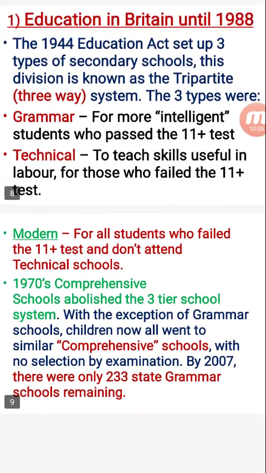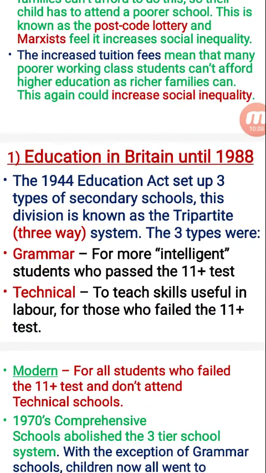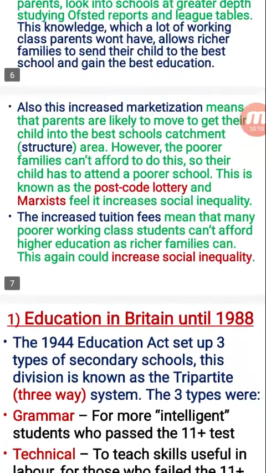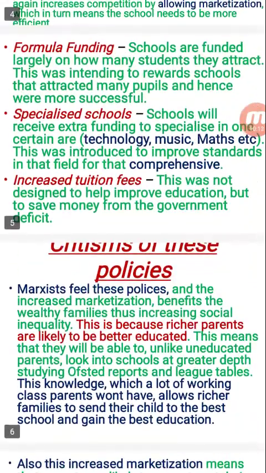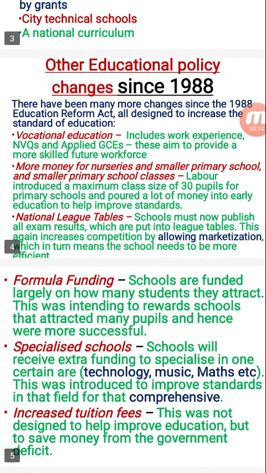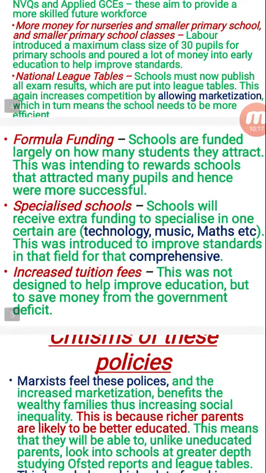So dear students, this was our today's lesson on the educational policies which were framed in 1944. There were three main schools: grammar schools, technical schools, and modern schools.